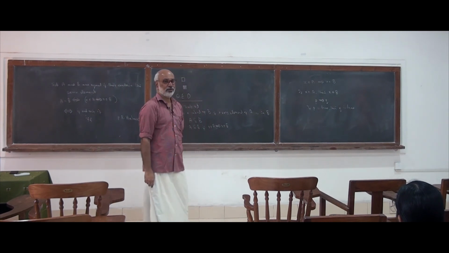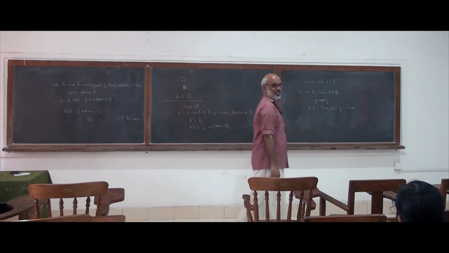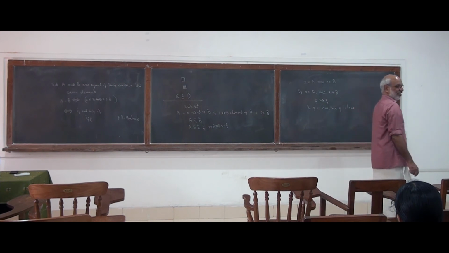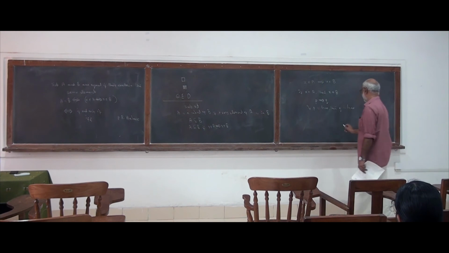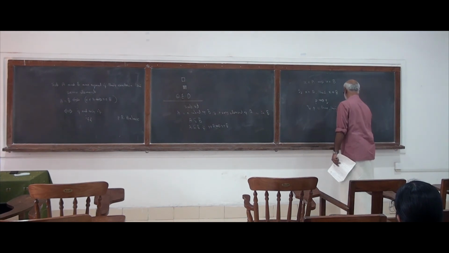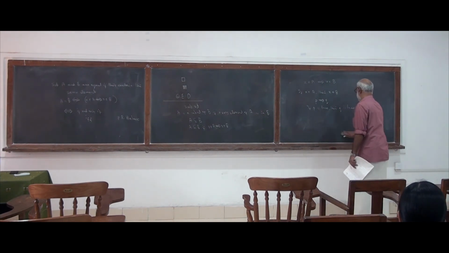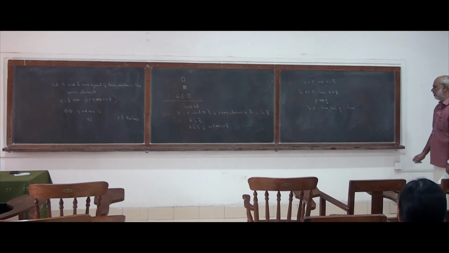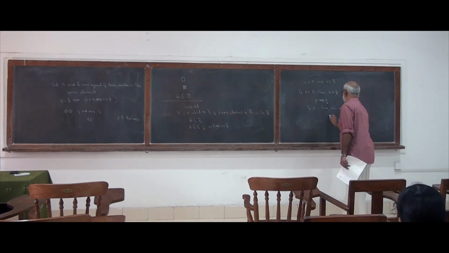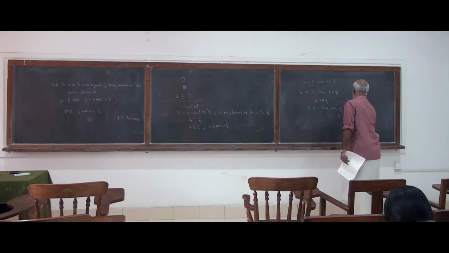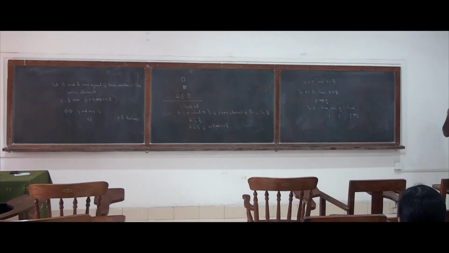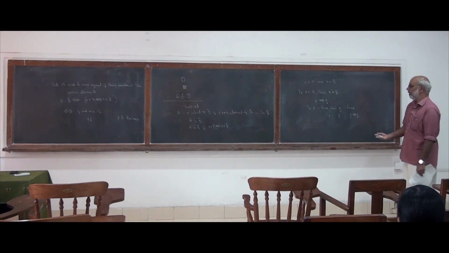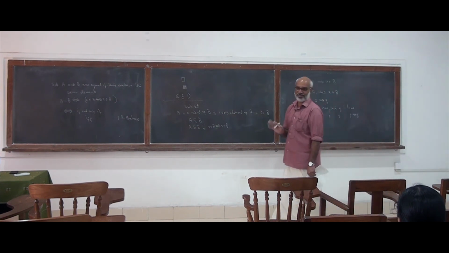These kind of things are usually represented using truth tables. You can draw a table like this: P, Q, P implies Q. P can be either true or false.